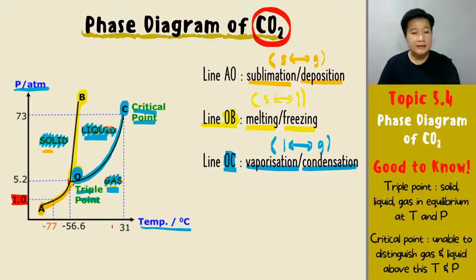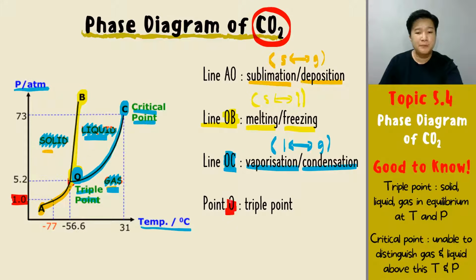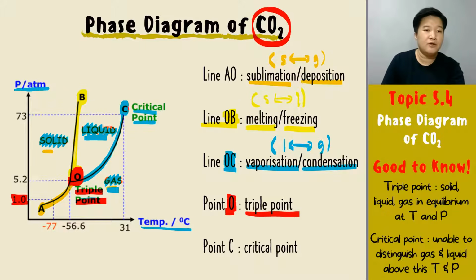Okay? And then, in every phase diagram, there are 3 lines that you need to know the name of and 2 points. Definitely, the first one is your triple point. So your triple point is your point O over here. That is your triple point, where your solid, liquid, and gas exist in equilibrium. Last but not least, definitely your critical point.